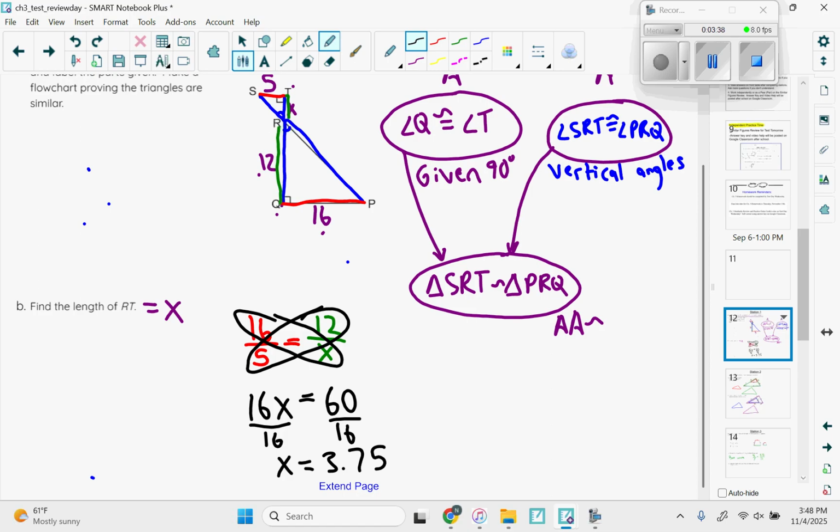Now I can double check my answer by plugging x back in, and 16 divided by 5 in my calculator gives me a scale factor of 3.2, and 12 divided by 3.75 also gives me a scale factor of 3.2. So I got the same scale factor twice. I know my answer is correct.